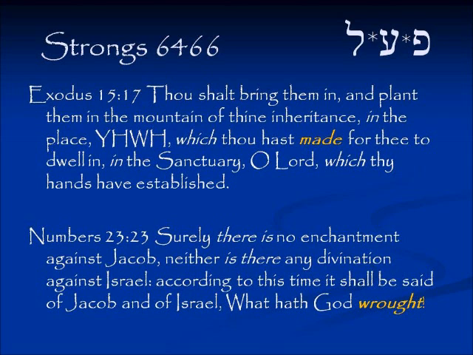Numbers 23:23, surely there is no enchantment against Jacob, neither is there any divination against Israel. According to this time it shall be said of Jacob and of Israel, what hath God wrought? I was happy to learn that this was a biblical quote. So wrought is an old word that means to make something. We still use it in the English phrase wrought iron.